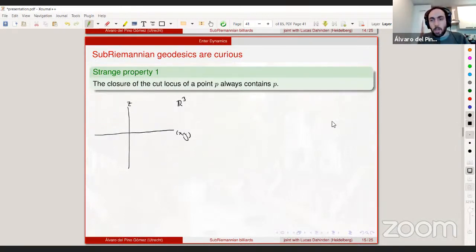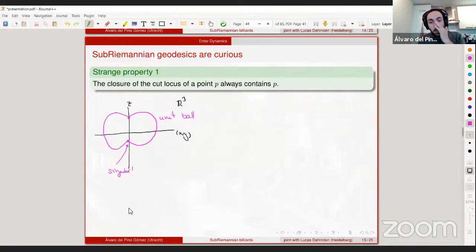Now I'm going to draw for you the unit ball in this space. The unit ball roughly looks like this. It looks like an apple. So this is the unit ball in the previous case. What you should note is that the points vertically over the origin are singular.